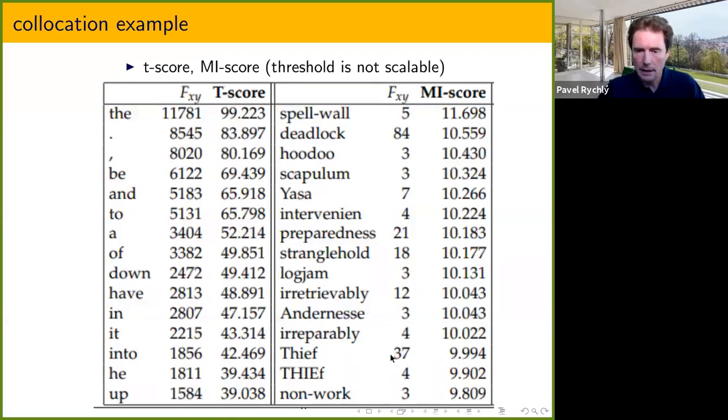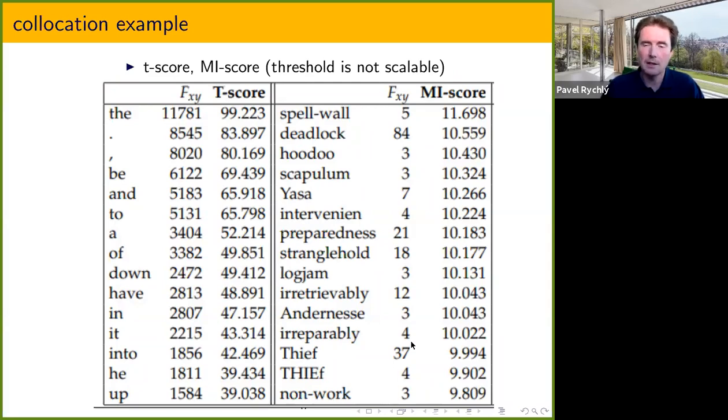In these listings there was a threshold of 3, and we can see that many of the items are just on the threshold or a bit bigger. This is the problem of the MI score and of the threshold. We can set a higher threshold, for example 20 or 50, but the threshold is a count, so it is not scalable.